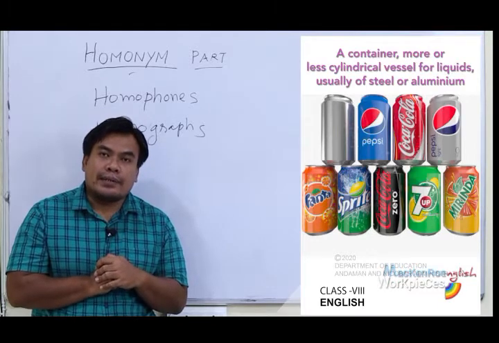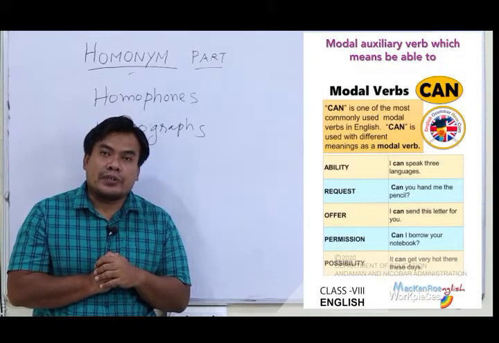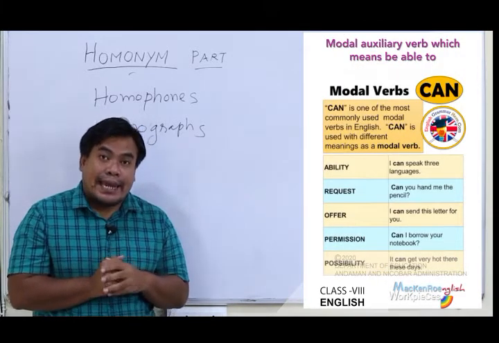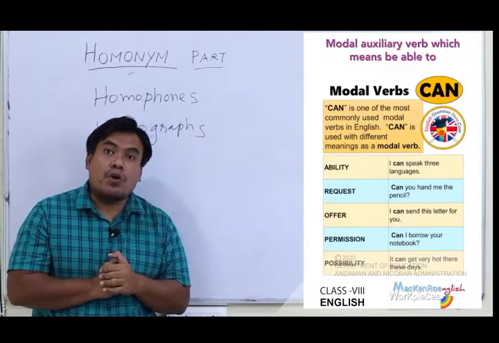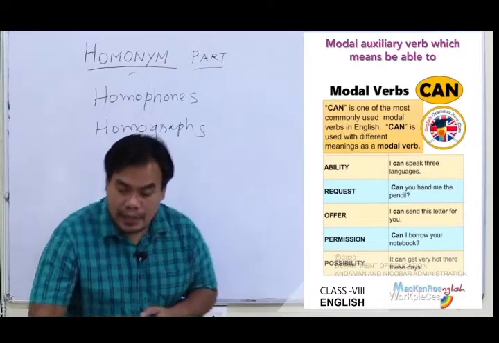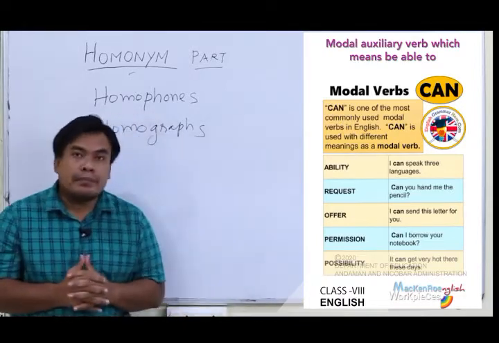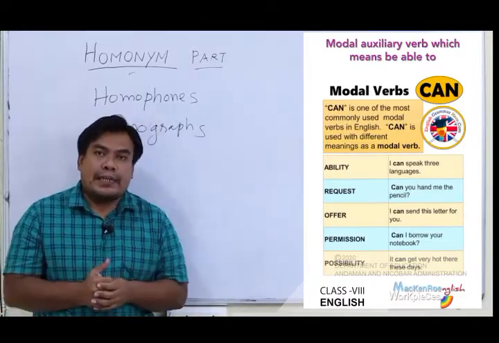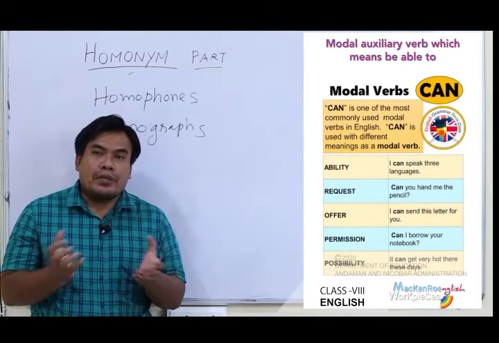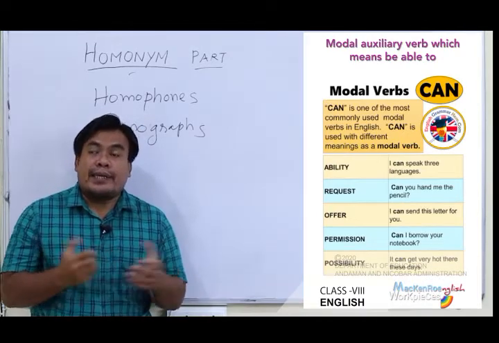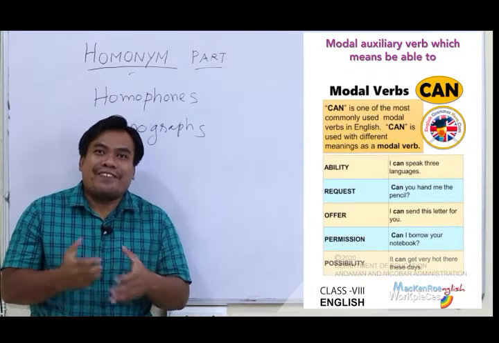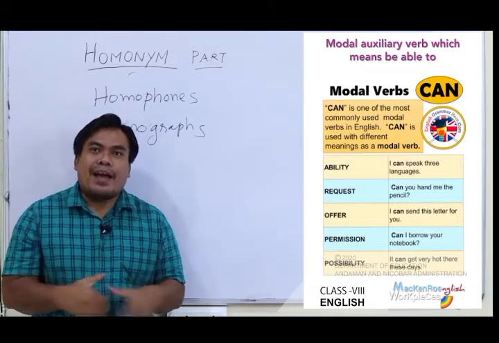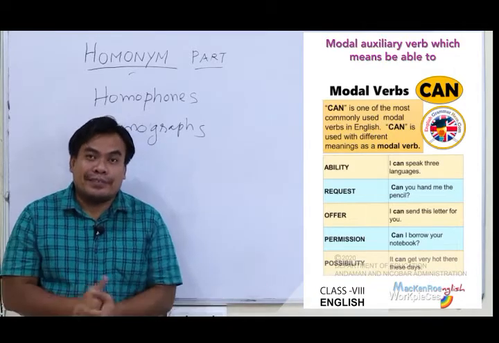Yes, you are right. Whatever you are thinking right now is correct. The second can, which is coming right away on your screen, is the modal verb. Okay, what is a modal verb? Possibility, ability. Suppose you say, I can fly because I've got wings.